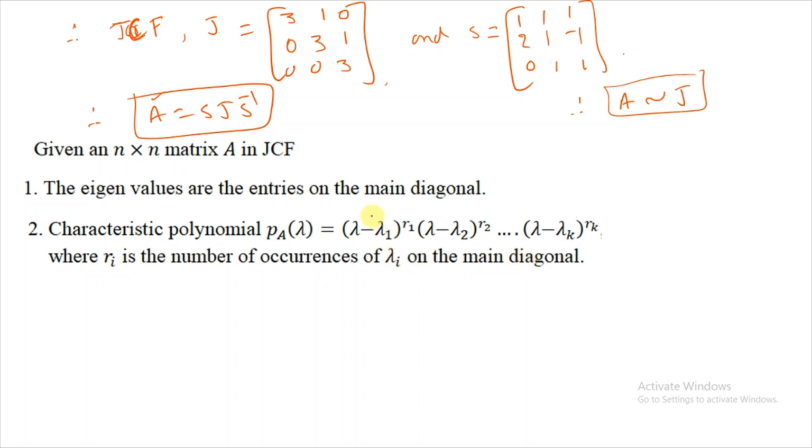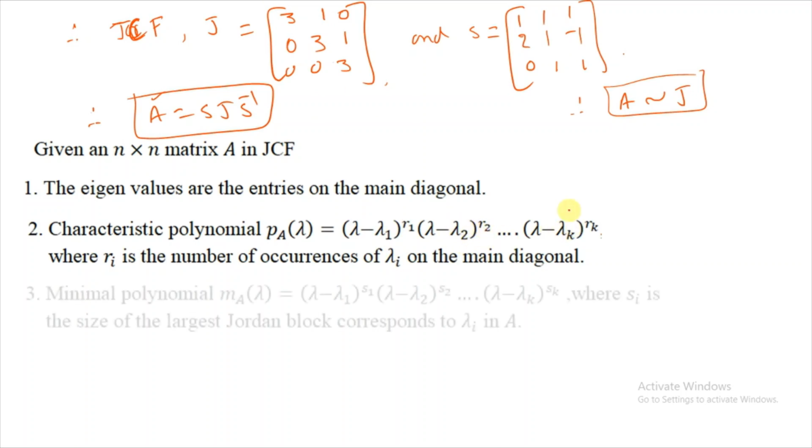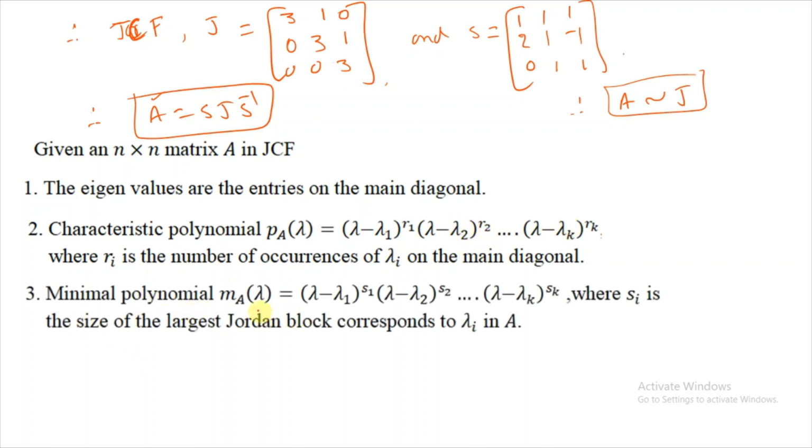Here the algebraic multiplicity is 3, occurring on the main diagonal 3 times.